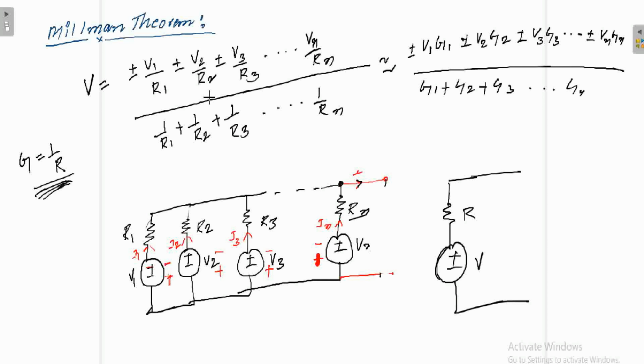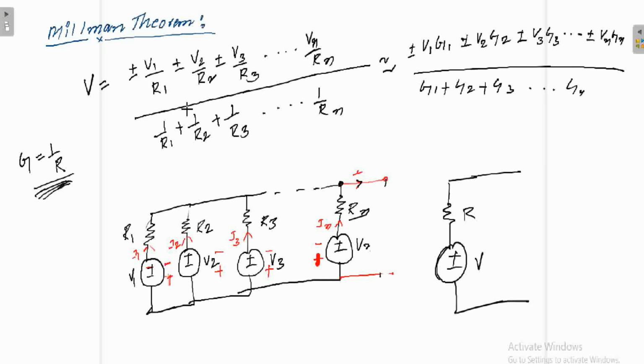In competitive examinations, sometimes if they ask you a theory question on Millman's theorem, they will give you the equation V is equal to V1 by R1, V2 by R2, V3 by R3, Vn by Rn, over 1 by R1, 1 by R2, 1 by R3, 1 by Rn. Sometimes they will give it in terms of conductance also. V1 into G1 is equal to V1 by R1.